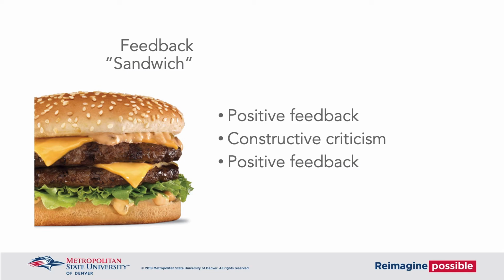Are you worried the constructive criticism will get lost because the person that you're giving feedback to has a history of not hearing constructive criticism? You've tried feedback sandwiches with them before and all they hear is the positive part? Then you might consider either a naked burger or an open-faced sandwich, where it's either all meat or all meat on top but some bread at the end. I would recommend the latter.